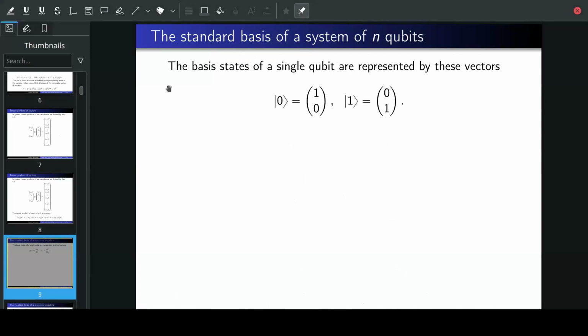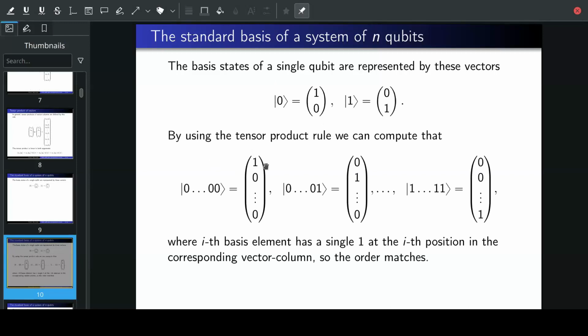Now, as was mentioned by Andrei, these basis states of the single qubit, ket0 and ket1, can be represented by these vectors. And so when we take tensor products of them, what we get is these large column vectors. And in fact, for every basis state, there will be only a single one, and the other elements will be 0.